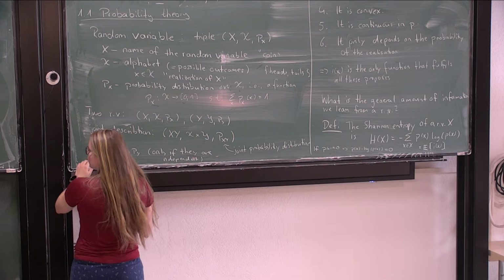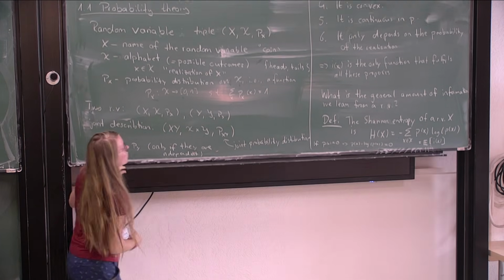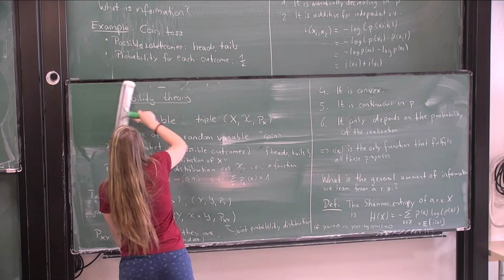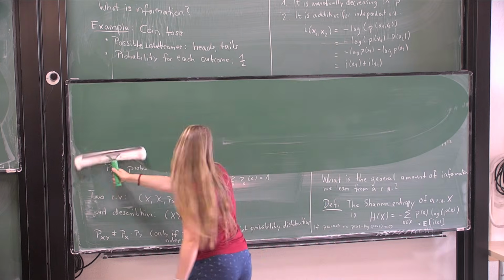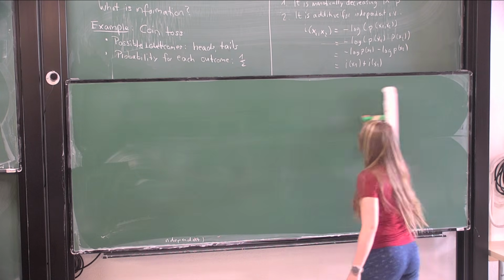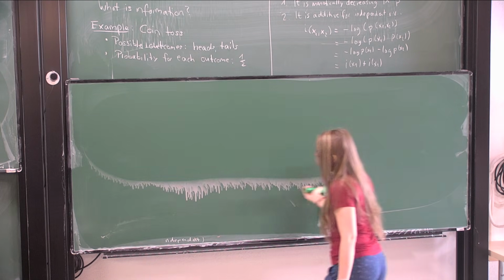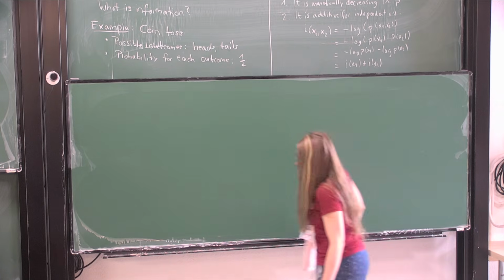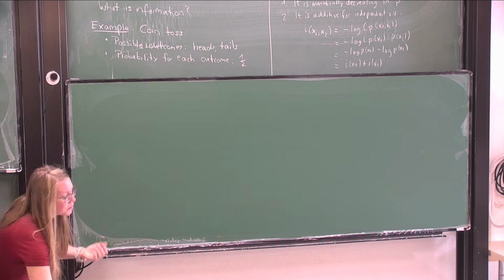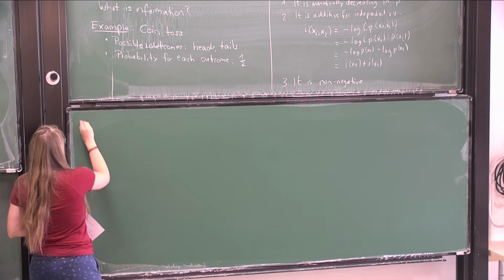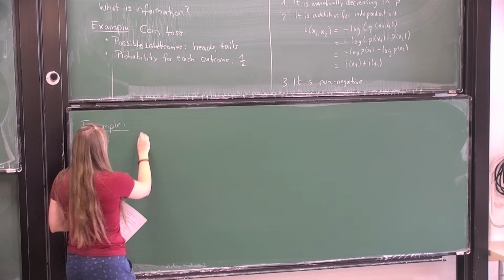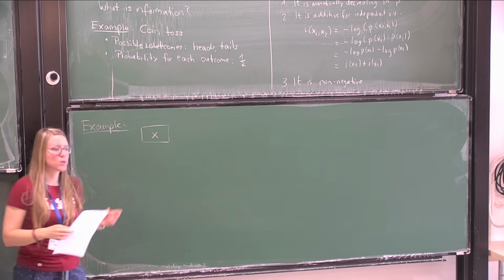Then I want to do an example. Okay, suppose we have some sort of box that just spits out bits.